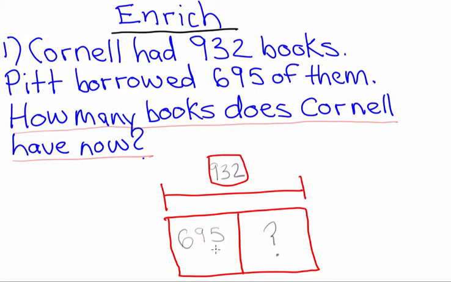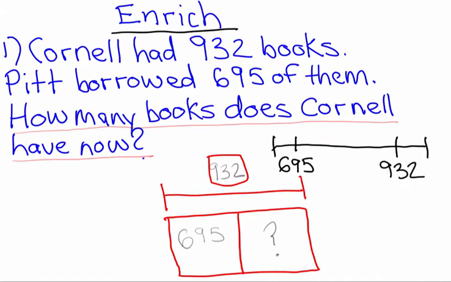Well, I could count up from 695 to 932, but I know that really what I'm doing here is trying to figure out, this is my number line. I know here I've got 695, and somewhere here I've got 932, and the question is, what is the difference between these two?